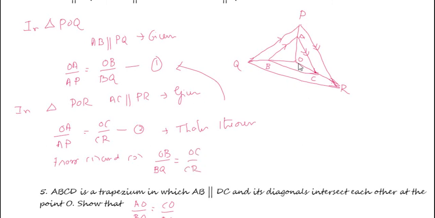Now if you consider triangle OQR, then in triangle OQR what we have is OB by BQ equal to OC by CR. Therefore BC is parallel to QR. This is from converse of Thales theorem.